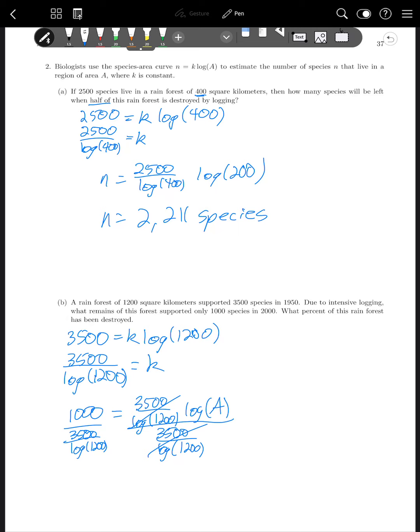So this would be 1,000 over 3,500 times log of 1,200 equals log of A. And then we need to get rid of the log so we can raise this thing to the 10th power.